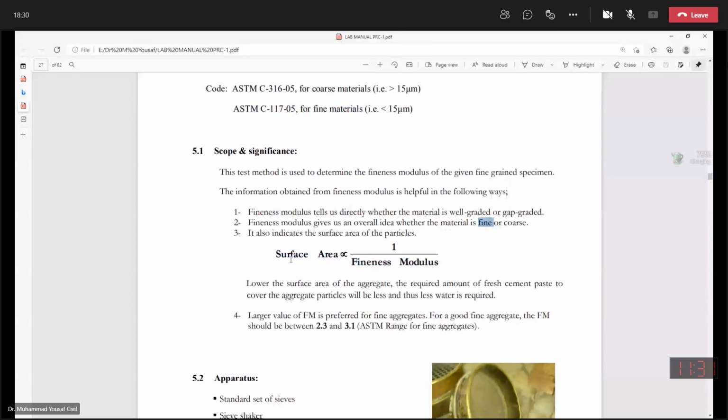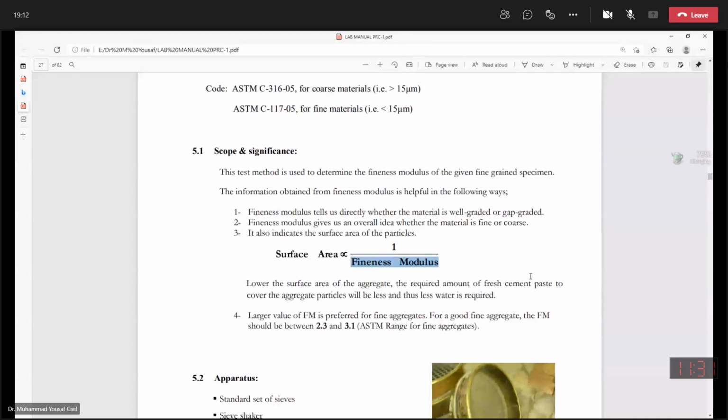Surface area is reciprocally related to the fineness modulus. The same is with the fineness of the material. Fineness modulus is something else. Fineness is a qualitative word. Fineness modulus is a quantitative measure of the material, expressed in terms of some numerical value, but fineness is a qualitative word.